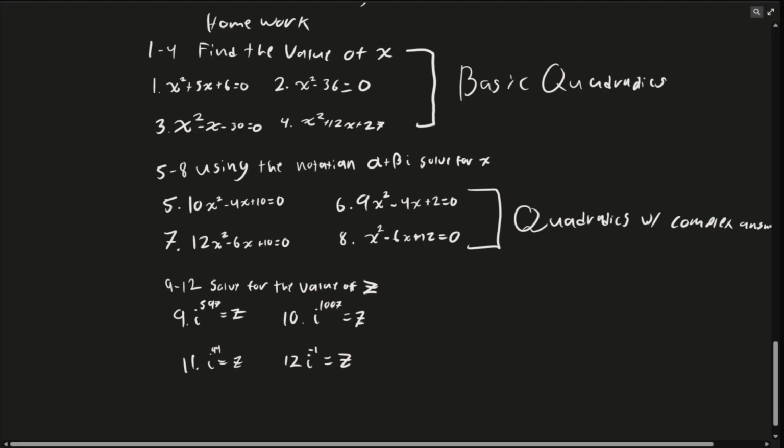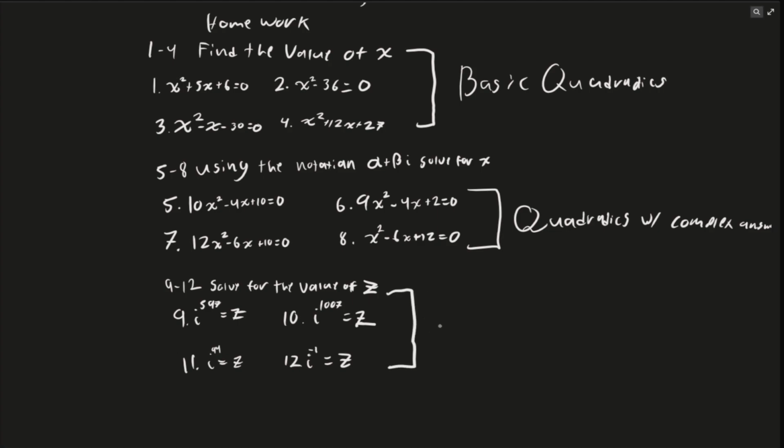And then 9 through 12, I just want you to solve for z, which is the typical variable used for complex numbers, which is just i raised to integers.